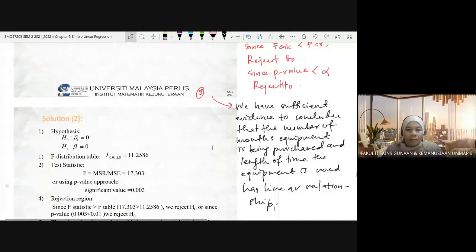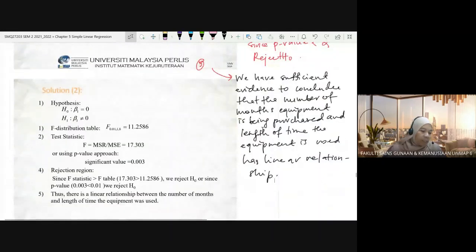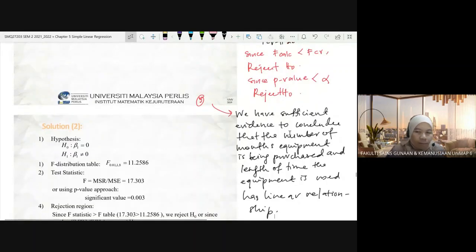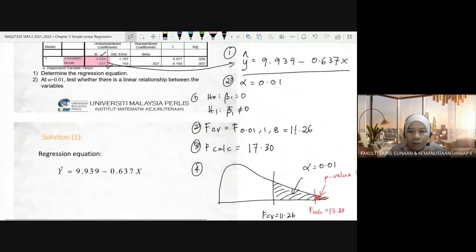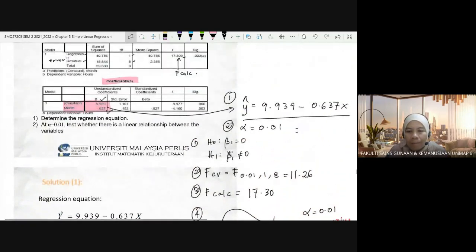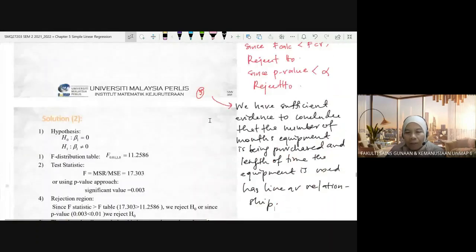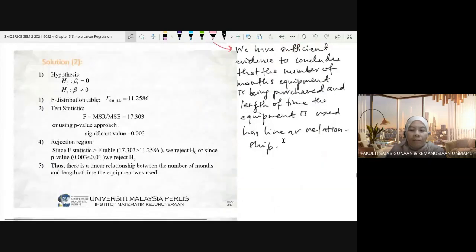Okay, class, are there any questions for this particular case? Do you understand this, class? You have to know how to perform this test, and most important would be your conclusion for this investigation.